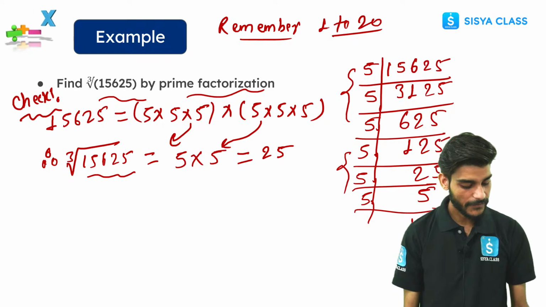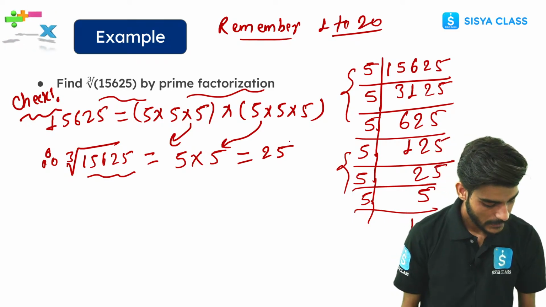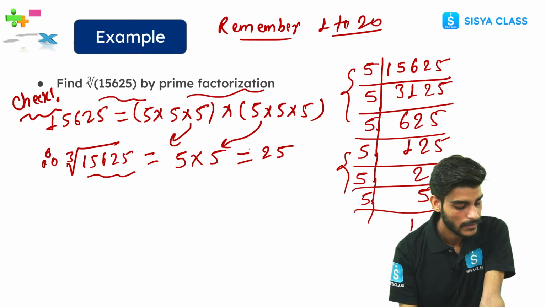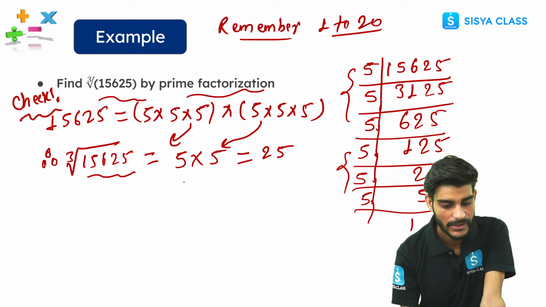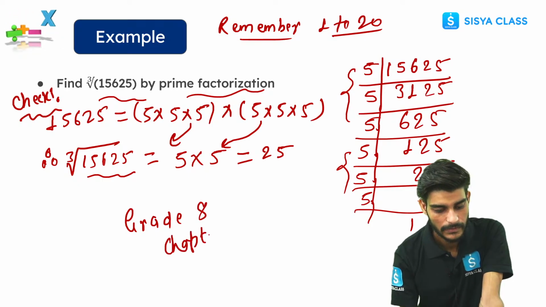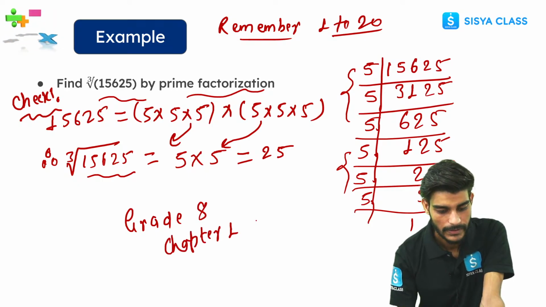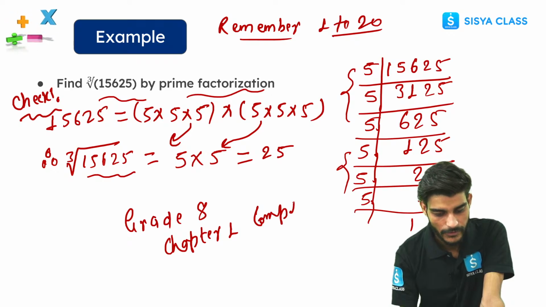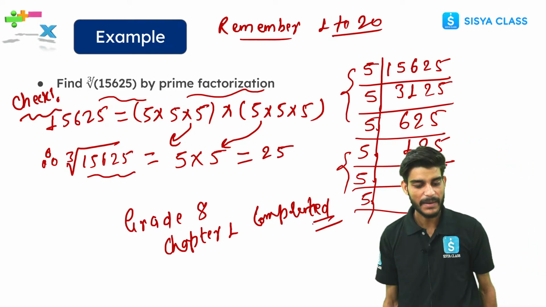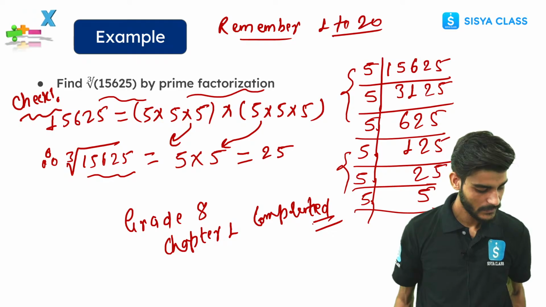So this was the first class for cubes and squares. Any doubt? Grade 8 chapter 1 completed. Now you can go and practice any question. Now you can tackle any questions from grade 8 chapter number 1. Okay?